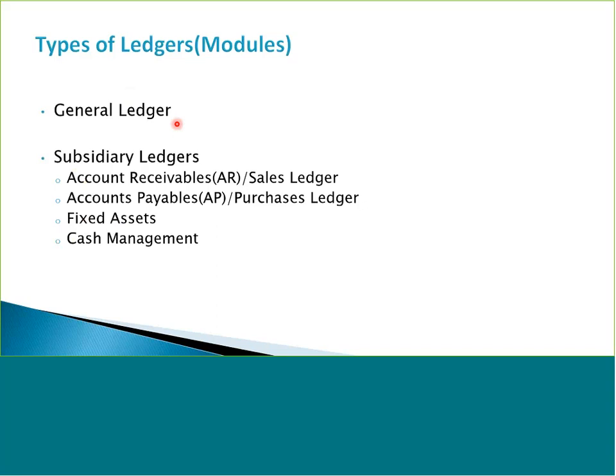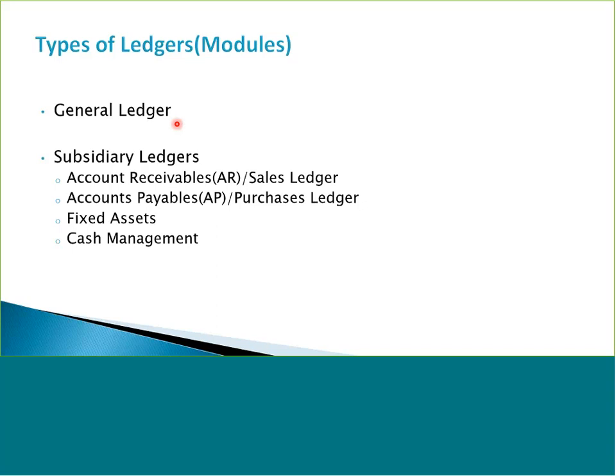In fact, it is possible for a company to have just one ledger, the general ledger, depending on the size of the company or the number of business events or transactions that the company is involved in.